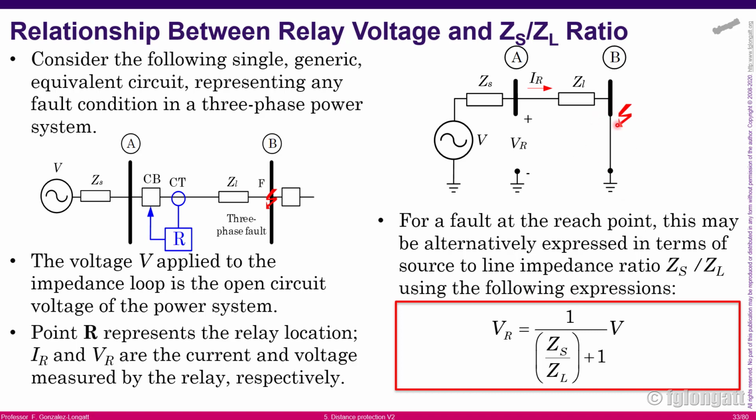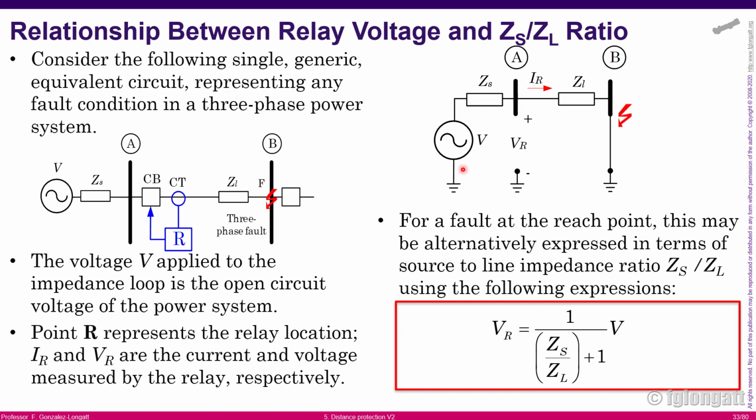If we have a three-phase short circuit over here, this voltage should be zero and we are closing the loop. The current that the relay will measure will be the short circuit current, which is the voltage divided by the total impedance. However, I don't care about the short circuit current at this moment.